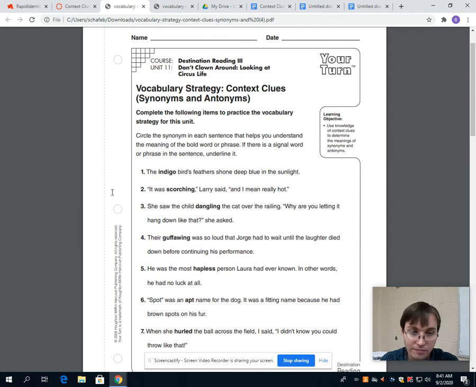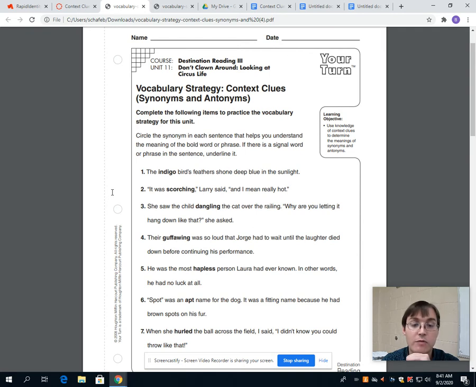Now, remember, with our context clues, we have an unfamiliar word, something that we don't know the meaning of. But within each sentence, we're going to find the answer to that. It's sort of like a mystery room. If you've ever gone to or heard about a mystery room, they will put you in a room, and within the room there's some sort of way out.